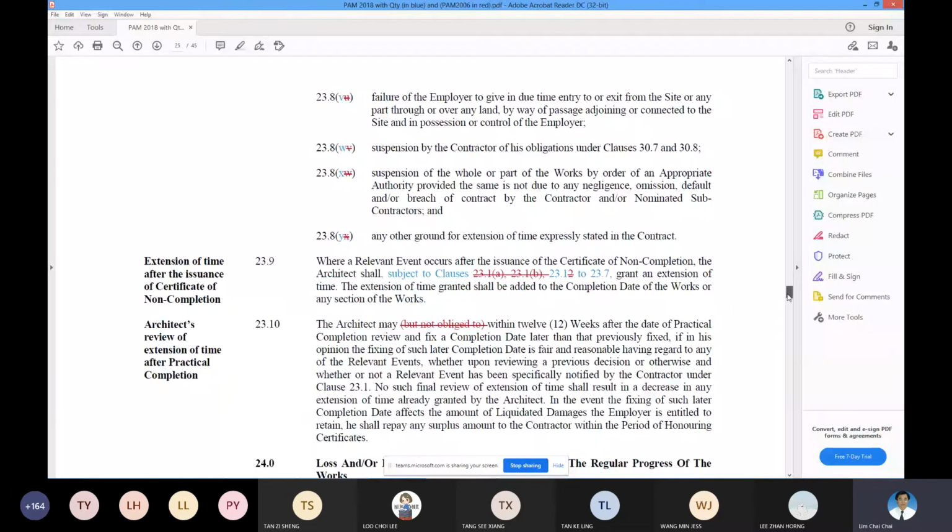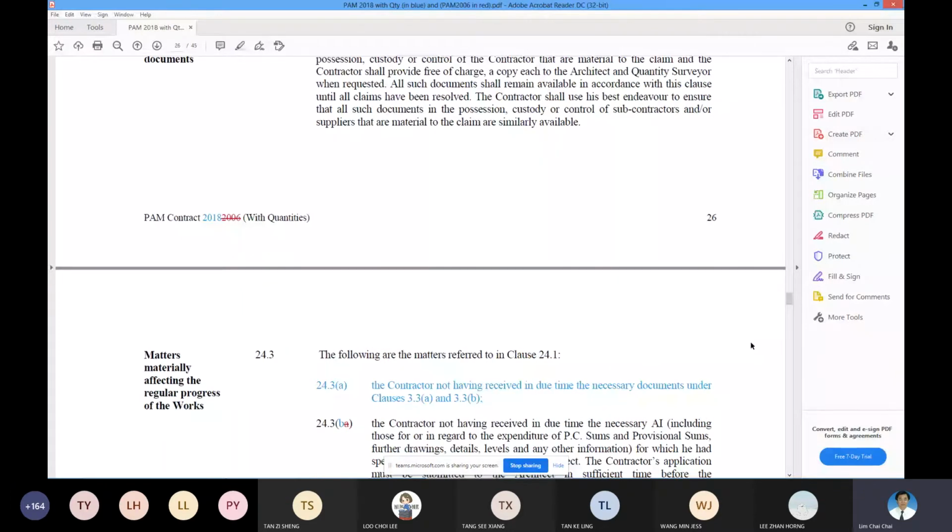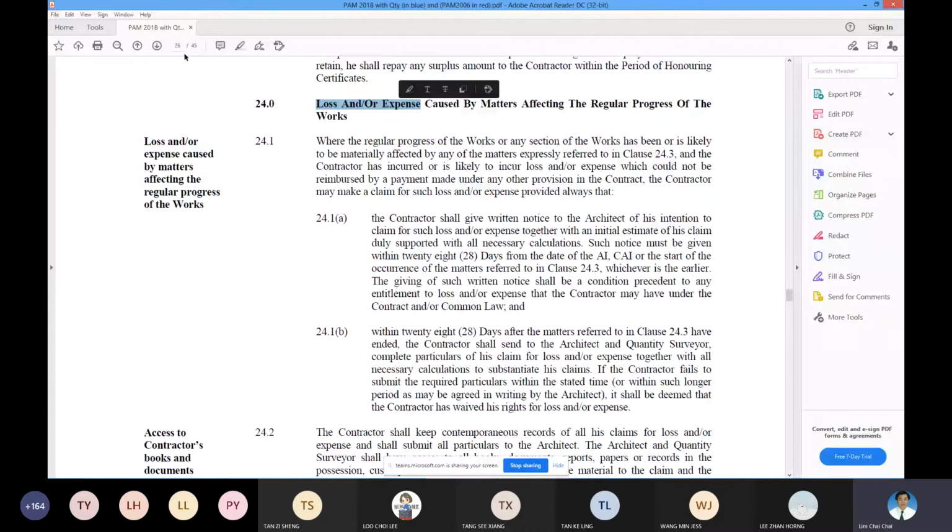In order for the contractor to claim loss and expense under clause 24, you must tie back to the relevant event entitling you to claim due to matters affecting the regular progress of the work. So what are the matters affecting regular progress of work? They are the events that happen under clause 23.8.